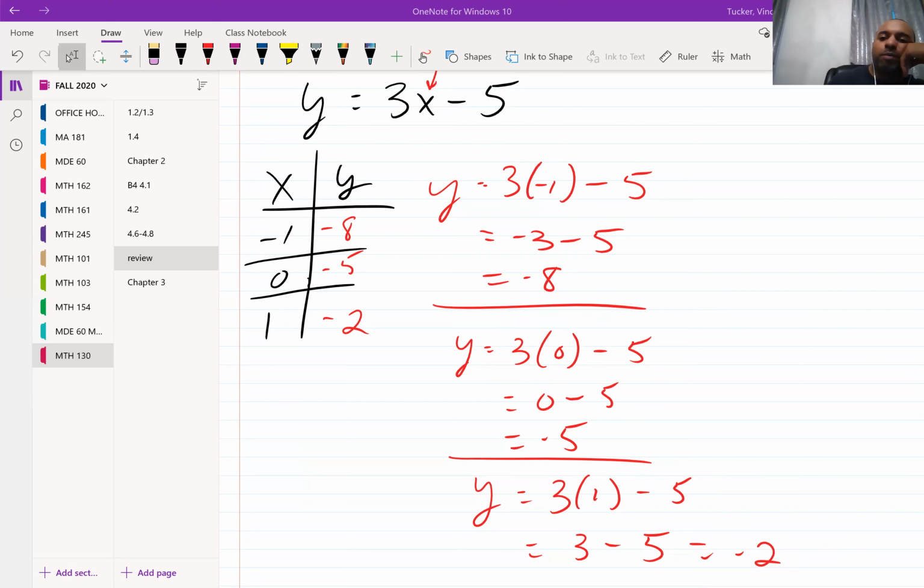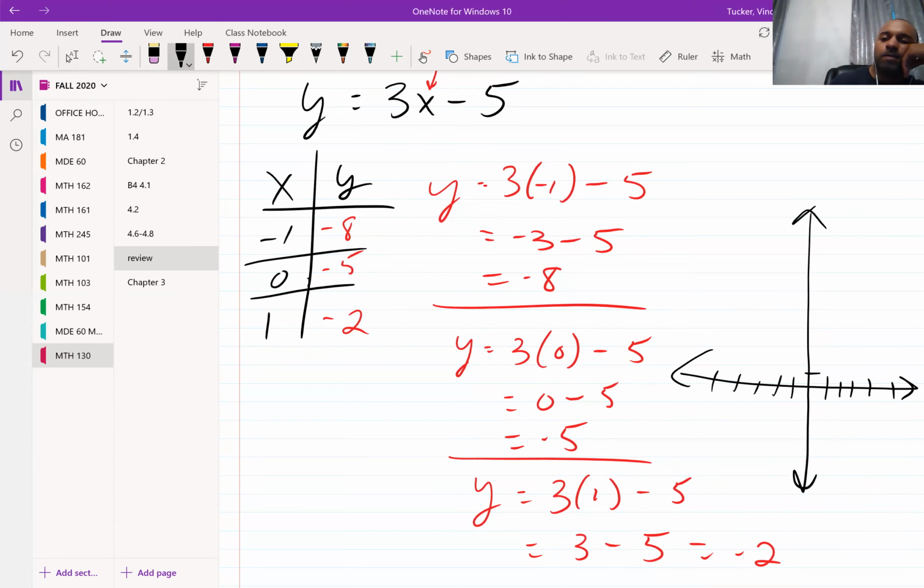All right, so let's graph those 3 points. That line's crooked. All right, so first point, I start at my origin, go to the left 1, down 8.